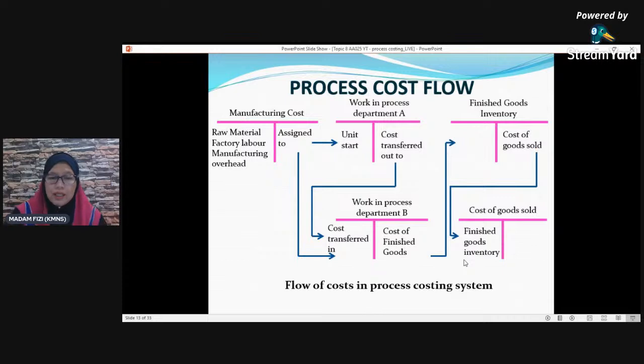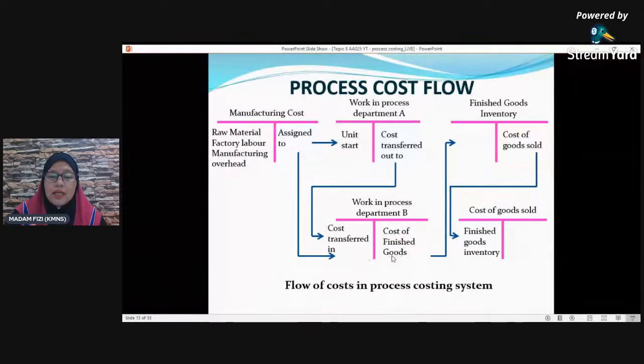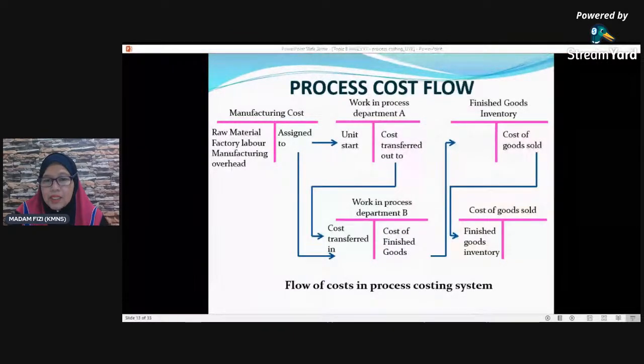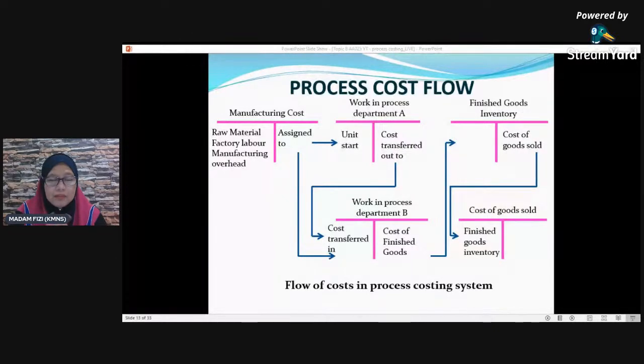Dah jual, habis. So this is the process cost flow. I hope that you understand the unit start, the cost transferred out and also the cost transferred in. And then department B will be yang ada the finished goods. So far boleh faham ke tidak? Okay, Eng pun faham.